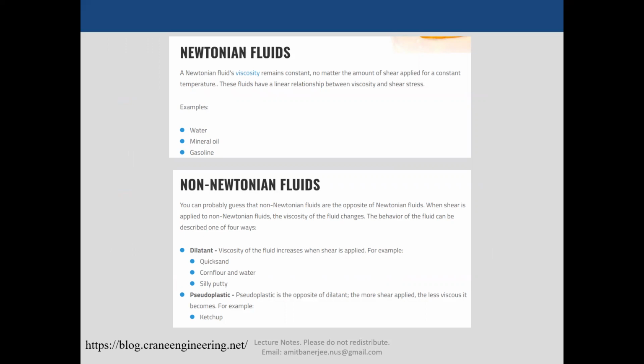You probably guessed that non-Newtonian fluids are the opposite of Newtonian fluids. When shear is applied to a non-Newtonian fluid, the viscosity of the fluid changes. The behavior of the fluid can be described in various ways, but basically what you have to understand is that in a non-Newtonian fluid, the viscosity of the fluid will change.